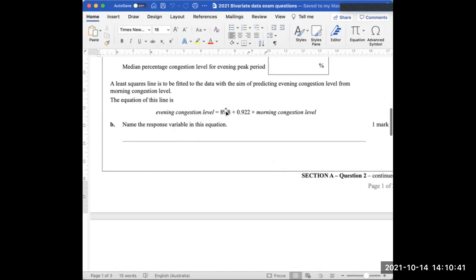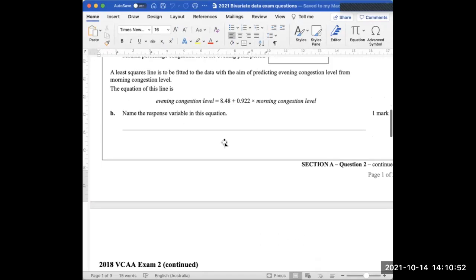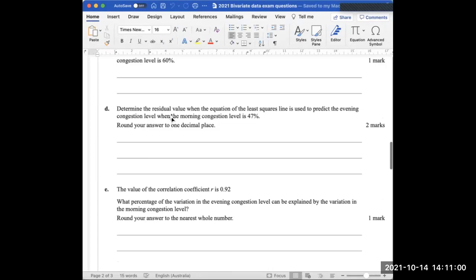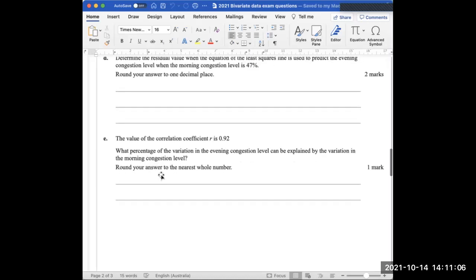Then they give you the formula here, so that's the equation of the least squares regression line. Then they ask you what the response variable is. So we know how to do that. Then it asks you to predict, so it's a bit of substitution. Then in this particular question, we haven't done residual values, so we can skip that one.